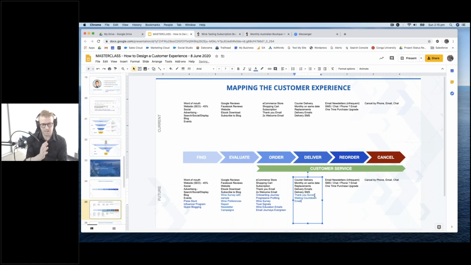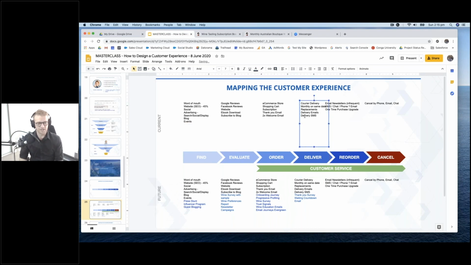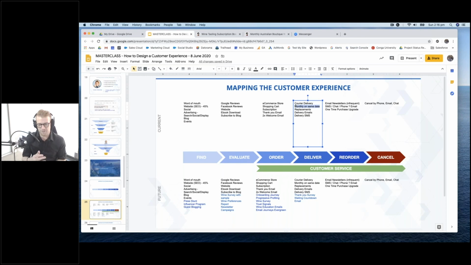As I mentioned before, it delivers monthly on the same date, and it's not logistically possible to do it differently for his business. So he's got this constraint. If you order right after the cutoff, you miss out and have to wait three or four weeks until the next order. So maybe there needs to be a cutoff countdown on the website.